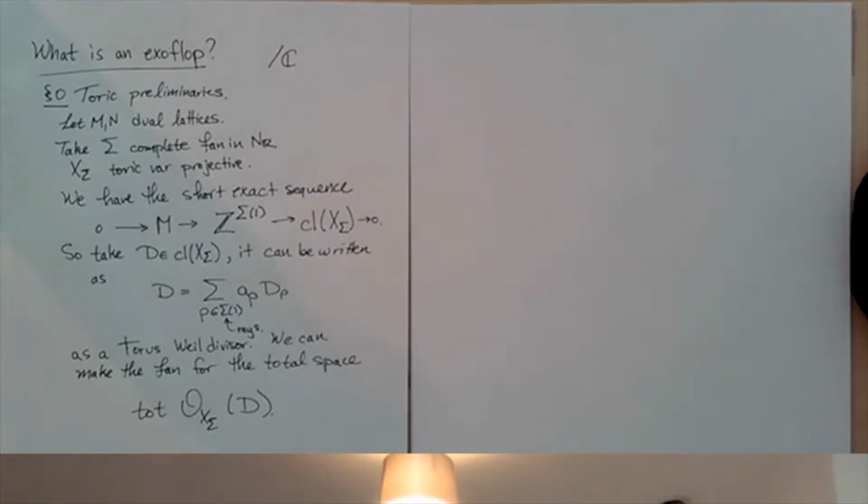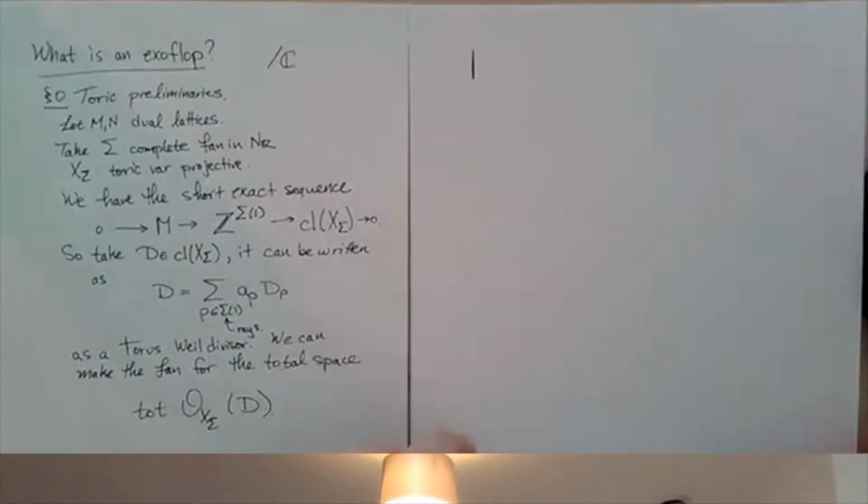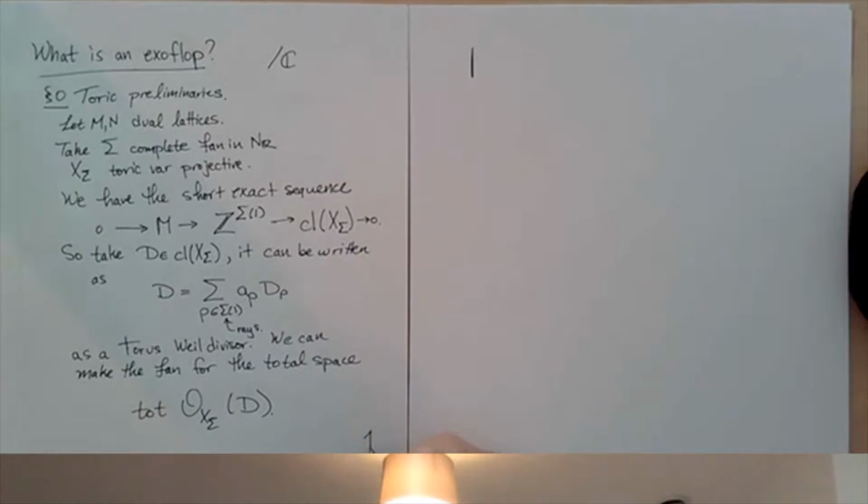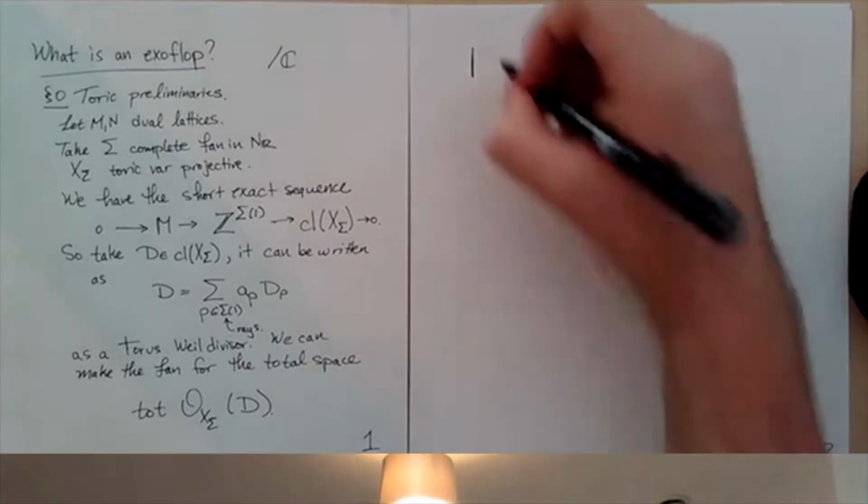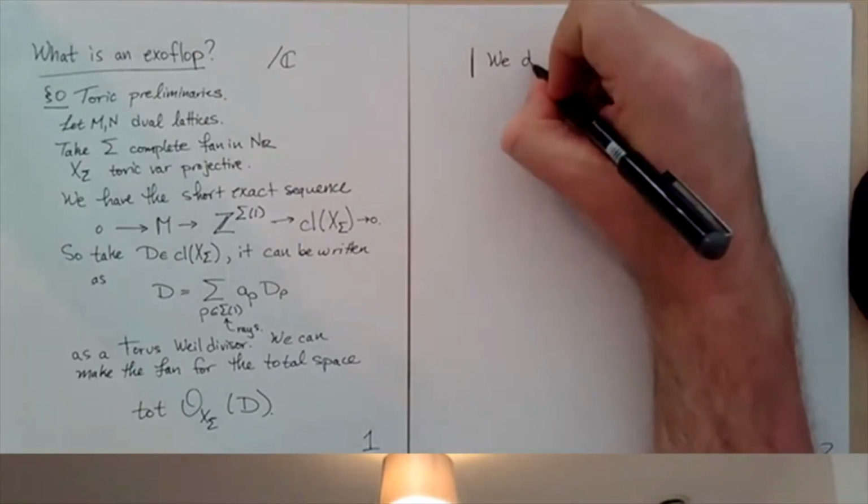This is done in section 7 of Cox-Little-Schenck. And how does it go? Well, first I'm going to make sure when I move this page over, I'm going to get the right number. Okay. All right. So this is page 1, page 2. Okay. So we do this in the following way.